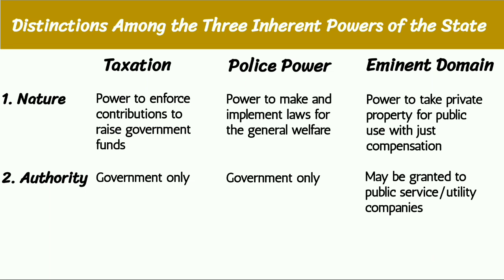Take note, hindi ito granted sa any private company. Dapat public utility companies. Again, sa taxation power at police power, government lang ang may kapangyarihan to exercise. Pero sa power of eminent domain, it may be exercised both by the government and public utility companies.